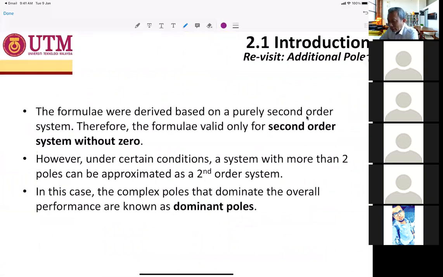With an additional pole, the formulas, which were derived based on a purely second order system, are valid only for a second order system without zeros. When there is a zero, it will be different.